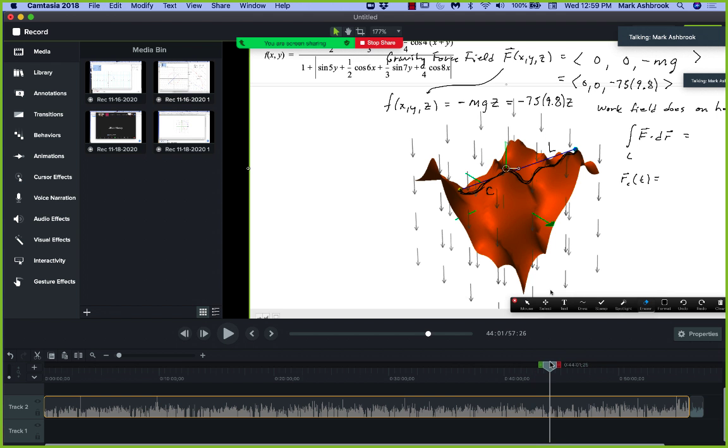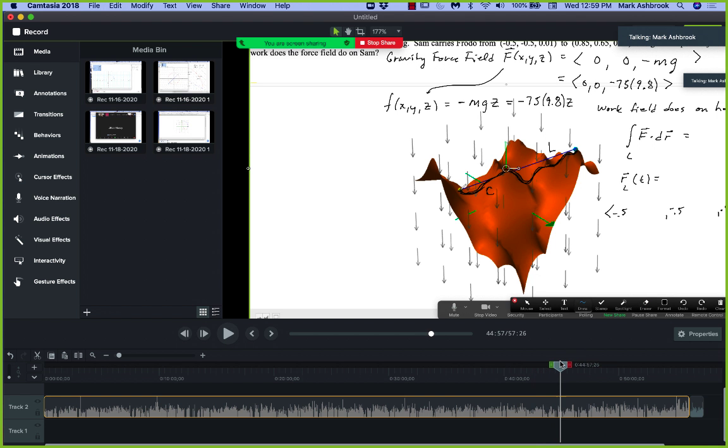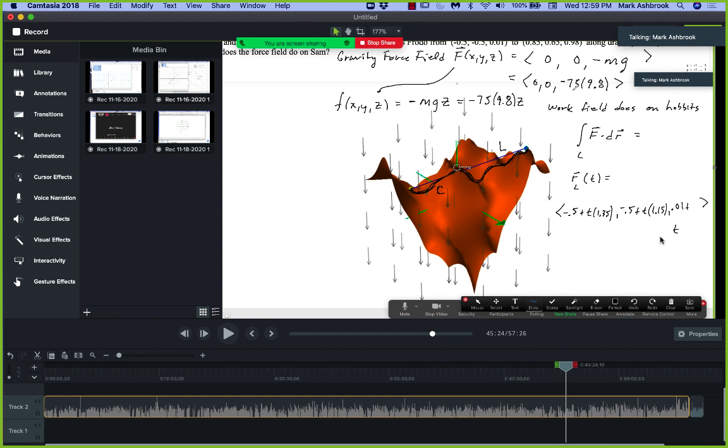So we parameterize that. Here over to the right there, we parameterized the path.